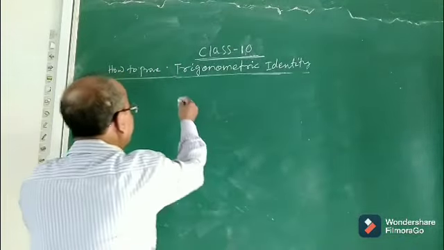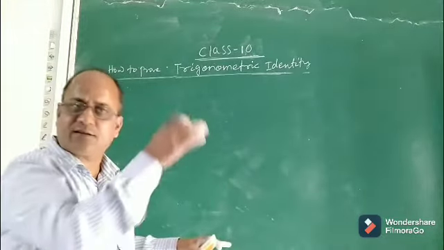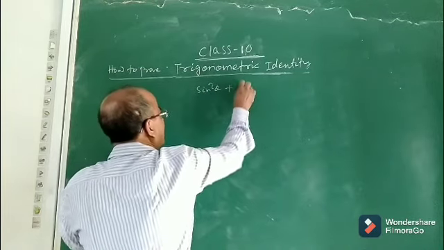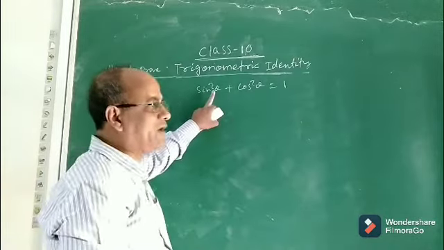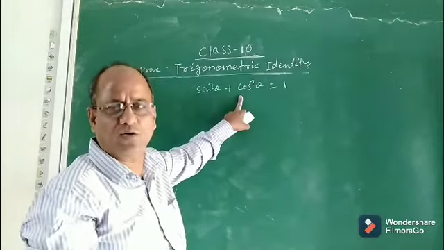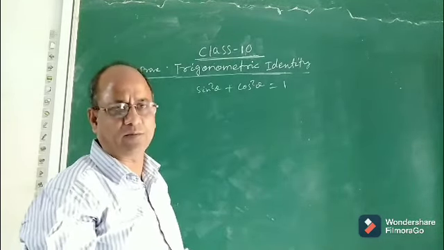I am giving one example. Let us consider sin square theta plus cos square theta equal to 1. This is a trigonometric identity which we have already discussed. Now how can we prove this one? We proved it geometrically. Here we are not going to do a geometrical proof.